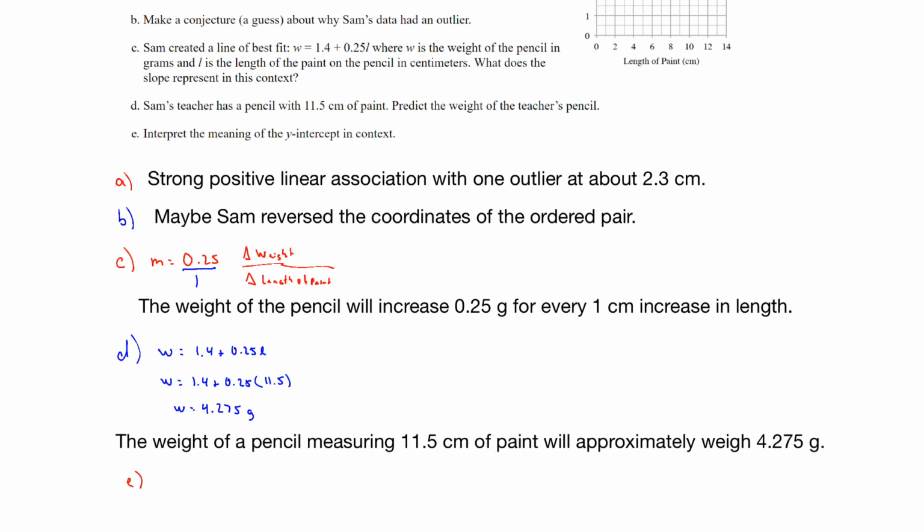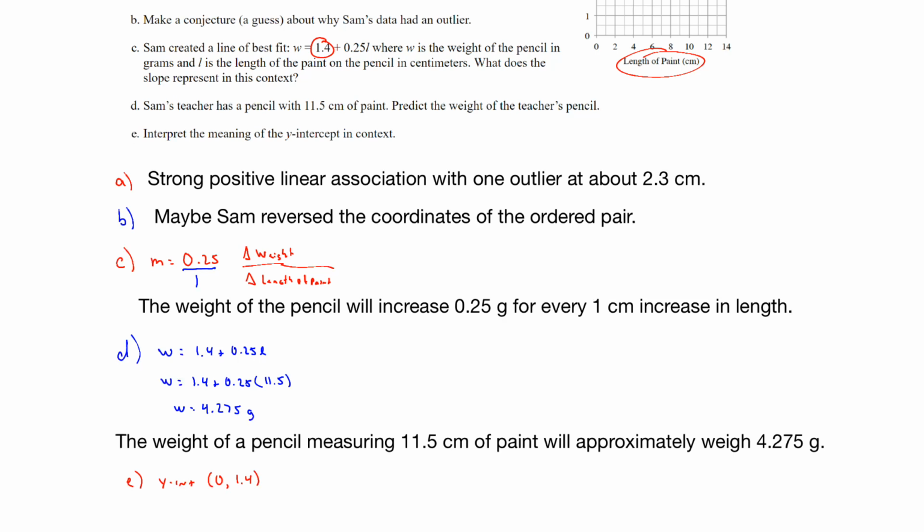E, interpret the meaning of the y-intercept in context. So the y-intercept is the 1.4. So the y-intercept, and remember, think about this as an ordered pair, 0, 1.4. 0 being your x, which is the length of paint in centimeters. All right, and then the weight would be 1.4.